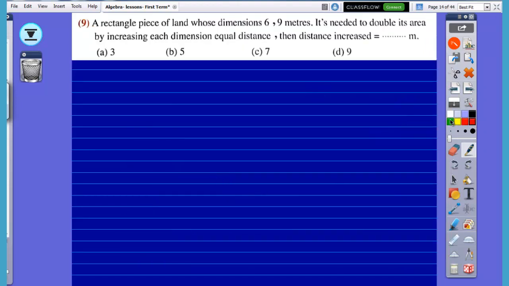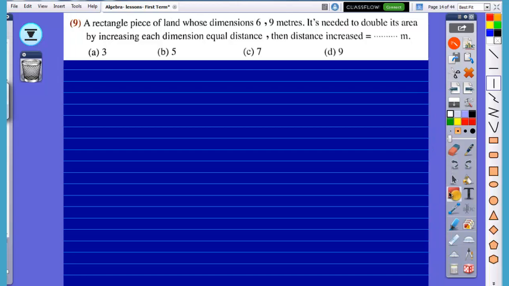Here a rectangular piece of land whose dimensions are 6 and 9 meters. It is needed to double its area by increasing each dimension by an equal distance. Then the distance increased equals.